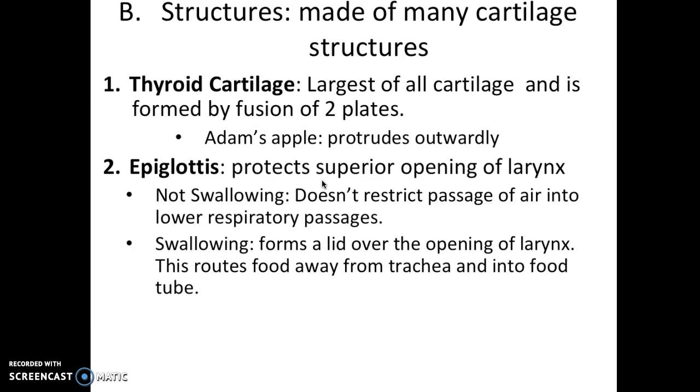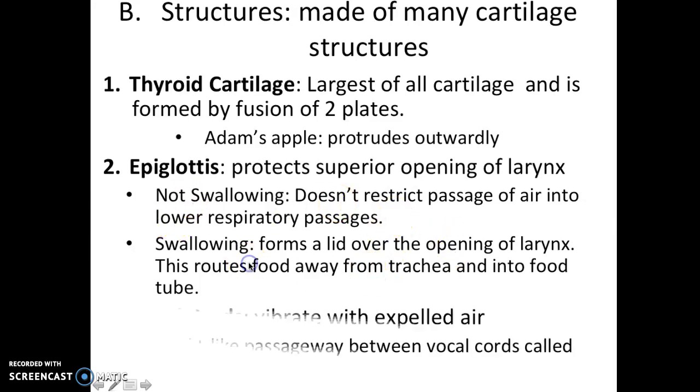When you're not swallowing, it doesn't restrict air passage, but when you swallow, it puts a lid over the trachea so food doesn't go into the lungs. Sometimes that can happen, especially with little kids, and you might have to do the Heimlich maneuver to try to get it out. That's choking, essentially: when the epiglottis doesn't work correctly, or you're eating too fast, or something's too big, and it goes into the trachea.